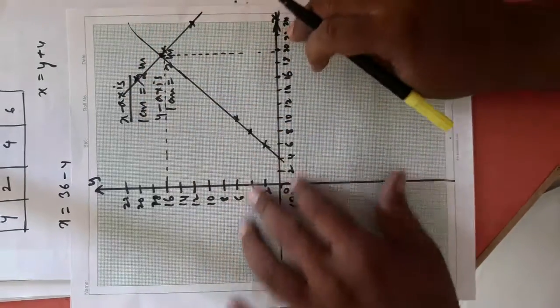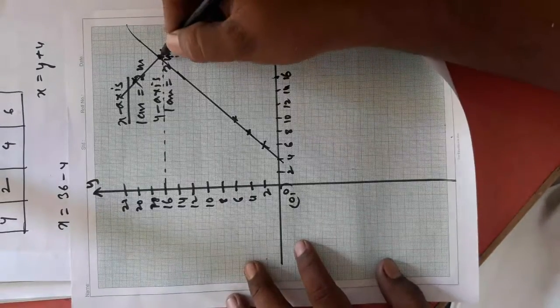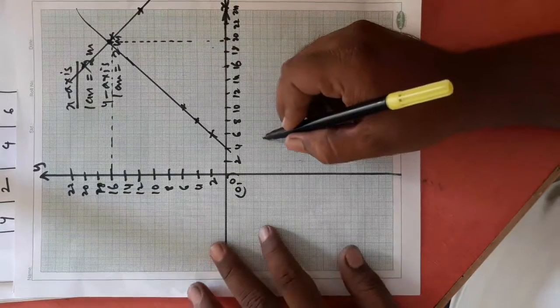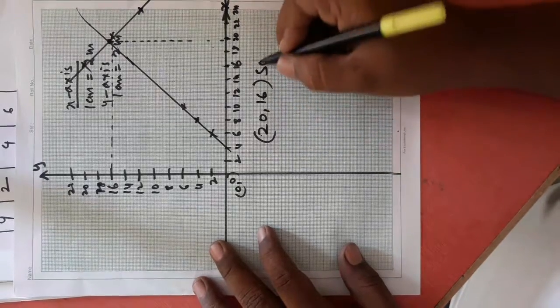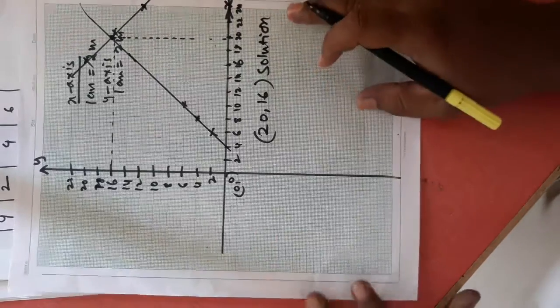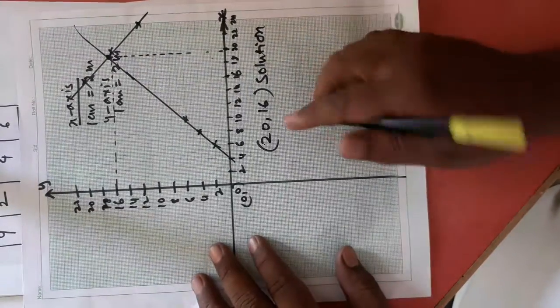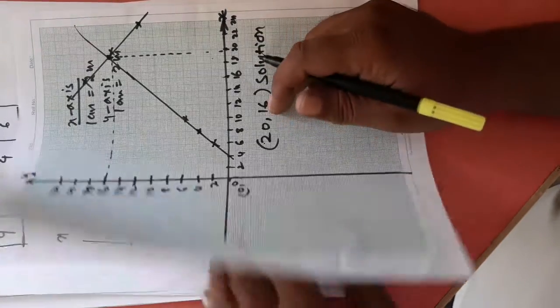You draw with a pencil, you will get approximate points. This is 20. This is 16. That means 20 comma 16 is the solution for this pair of equations, which is a unique solution. That means x is equal to 20 and y is equal to 16.